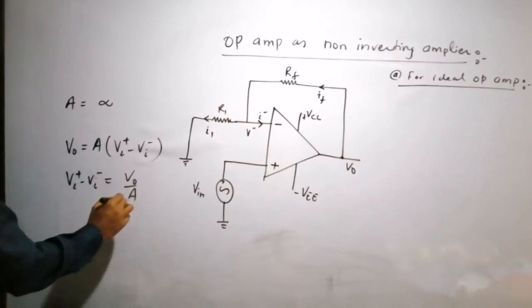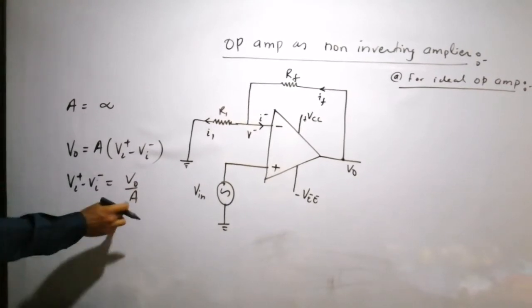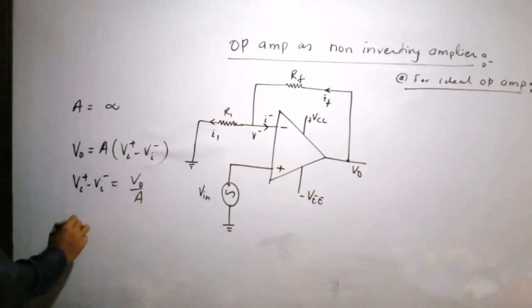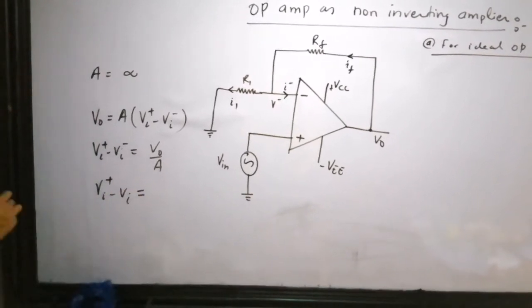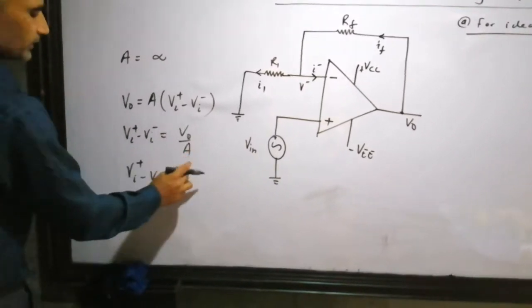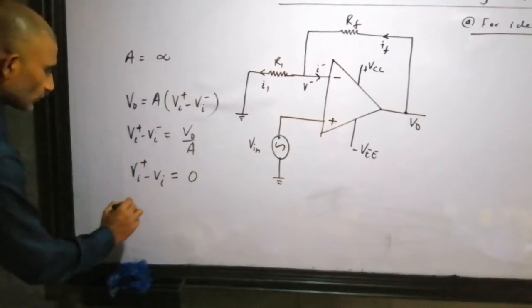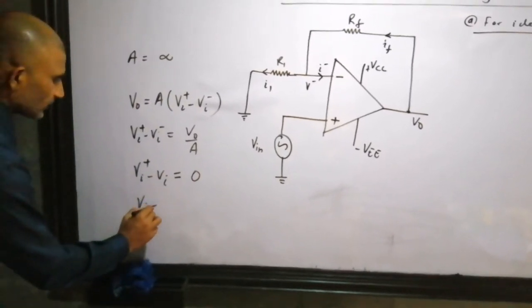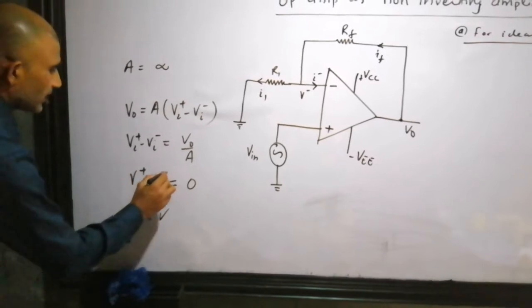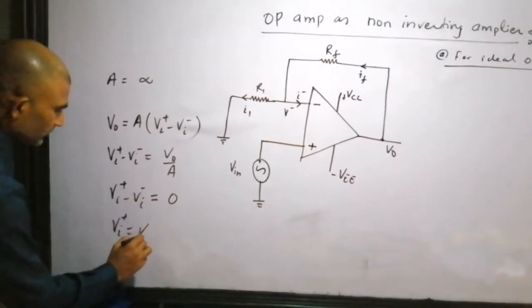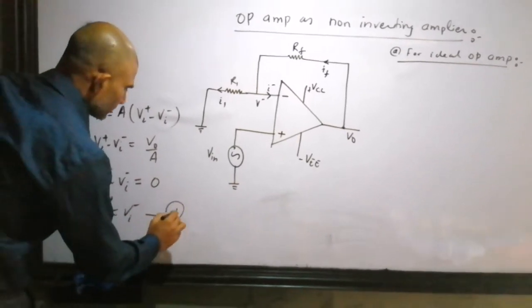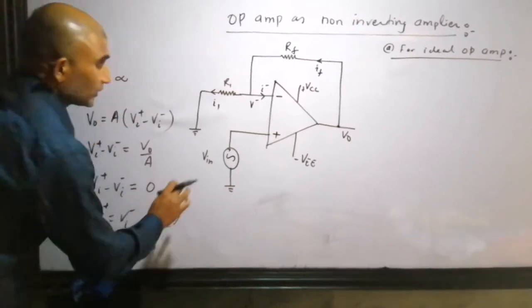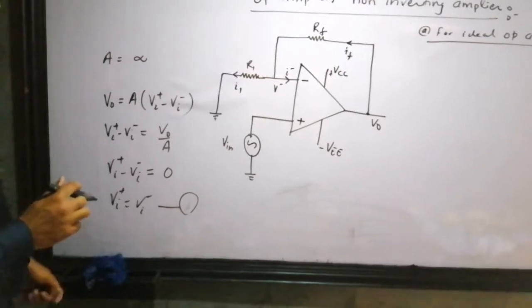So we can get that Vi plus minus Vi minus equals V out upon A, and we suppose A is infinity for the ideal case, so Vi plus minus Vi minus equals V out upon infinity, that is 0. So we get the situation Vi plus equals Vi minus. Let me write this down.